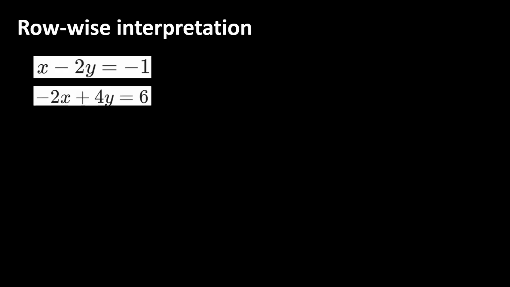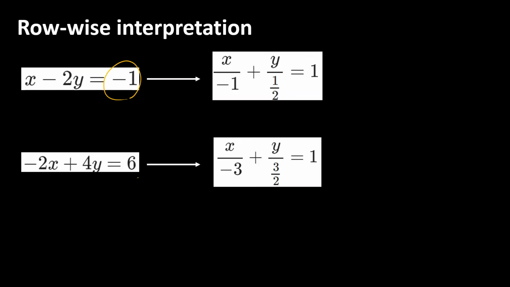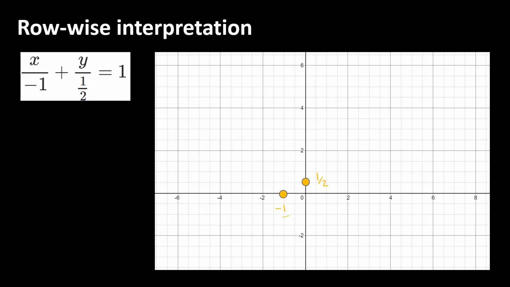To examine the row-wise picture, consider the system as two lines like this. Divide the equations by the right-hand sides to find the x-intercept and y-intercept as the denominator of x and y here. So we have -1 as the x-intercept and 1/2 as the y-intercept. Connecting them gives you the line.